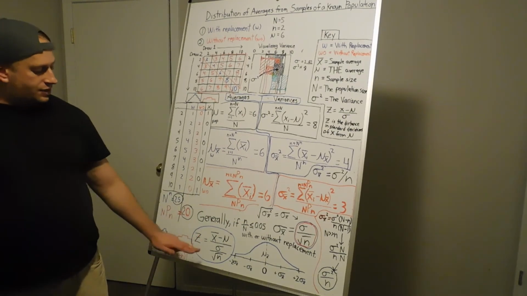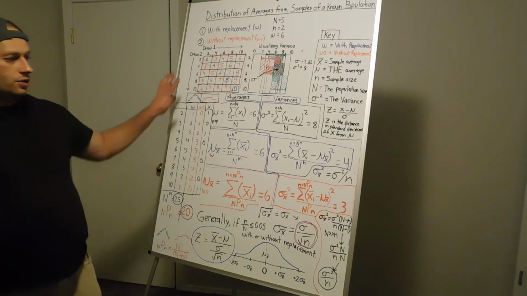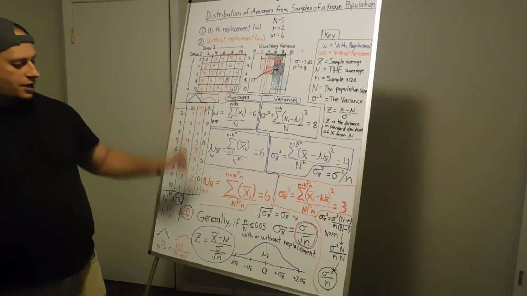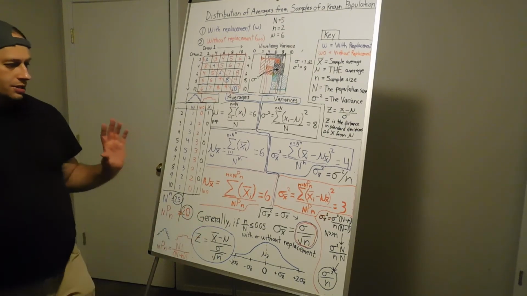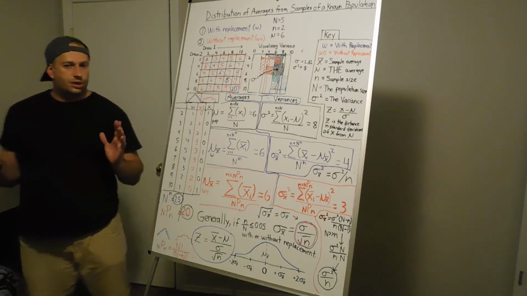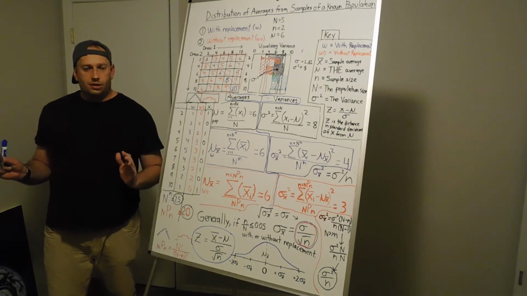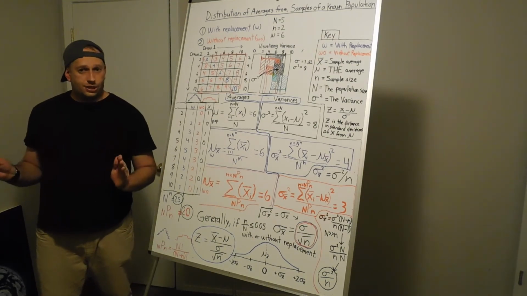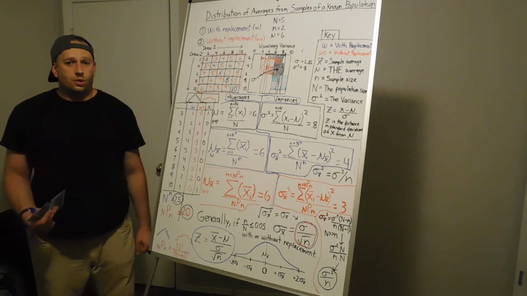So when we have a z value for an average where we already know the population, actually, let's just start the other way. Let's say we already know what the standard deviation is for the population, and we already know what the average is for that population. And we have somebody else choose 2 of those, for example.